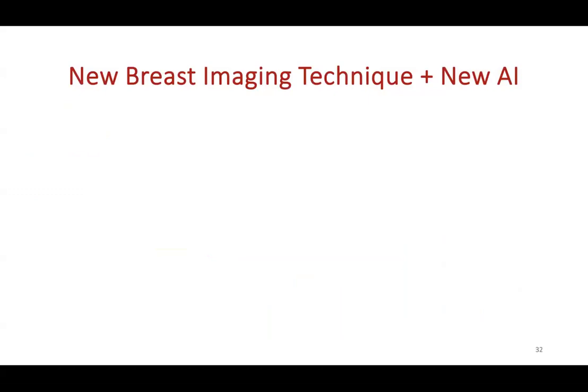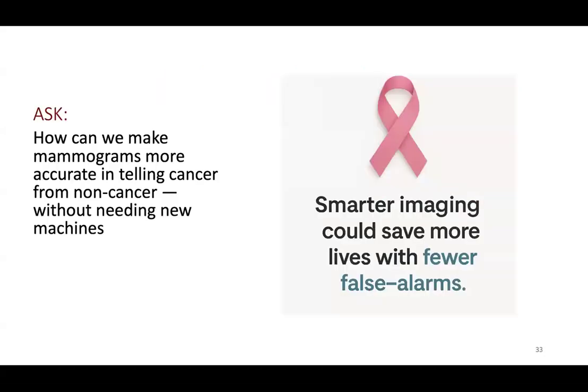Now, other work is going on. We can improve breast cancer detection and diagnosis by looking at new imaging systems as well as new AI methods. And let's look at an example. So here, how can we take the screening mammogram and make it smarter?